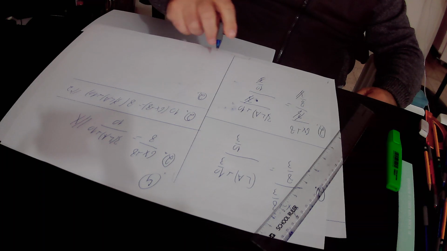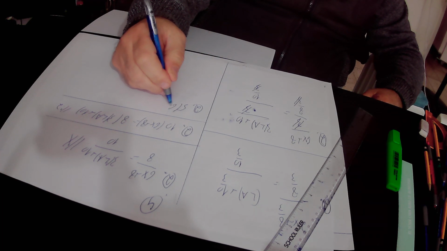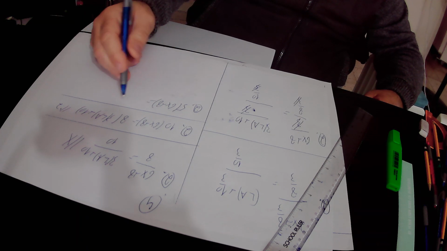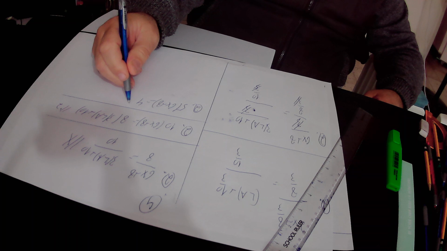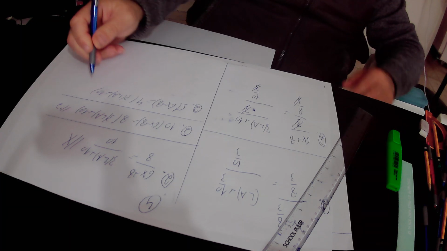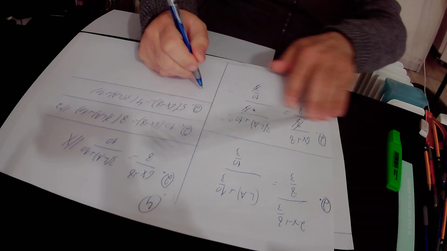10 over 2 is 5. Inside the brackets we have 6x + 8. This equals 8 over 2 is 4. Inside the brackets we have 3LA + 10. So here we'll open the brackets on both sides of this equation, equation 2.